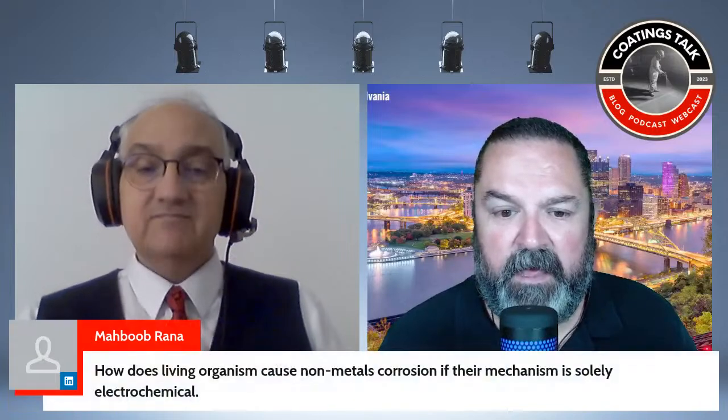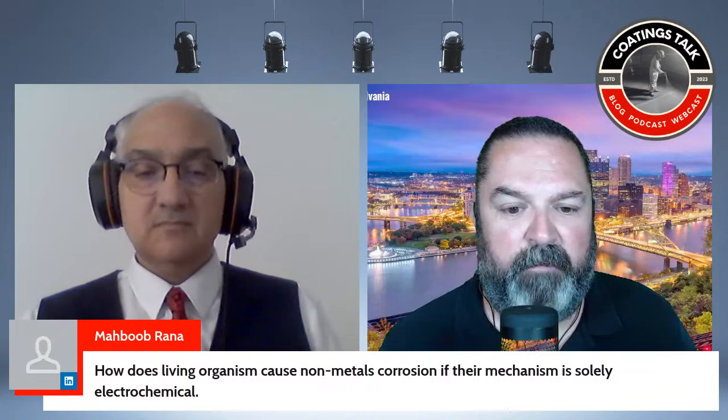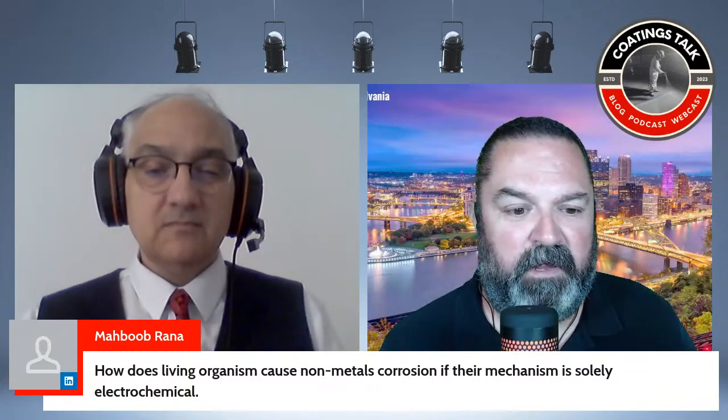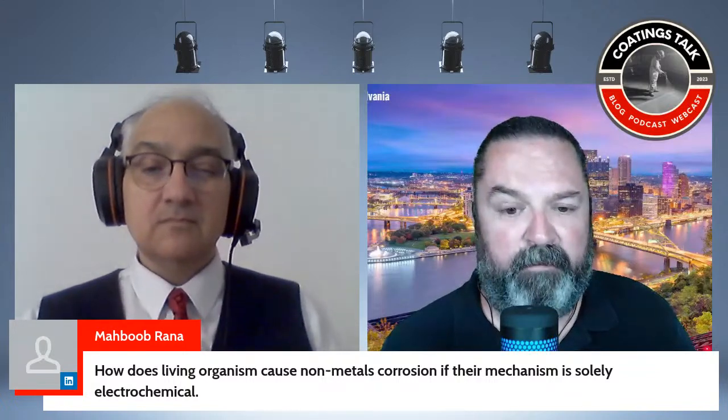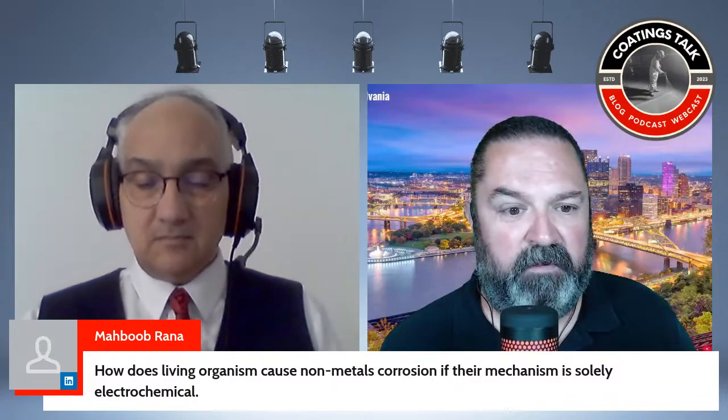If I understand correctly, if the organism is pulling electrons out of the steel, it's breaking down that steel because it's losing its electrons. The second part is, how does a living organism cause non-metal corrosion if the mechanism is solely electrochemical? If I understand correctly, there could be elements in that non-metal that are being used as a food source.